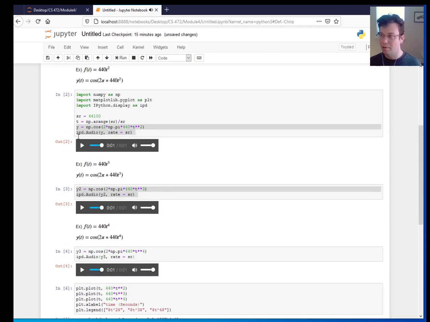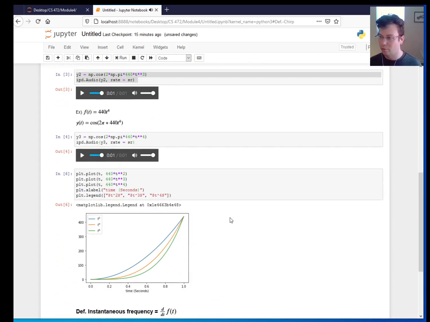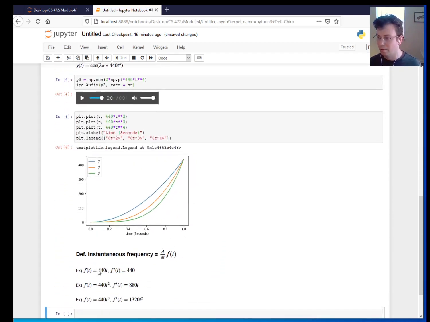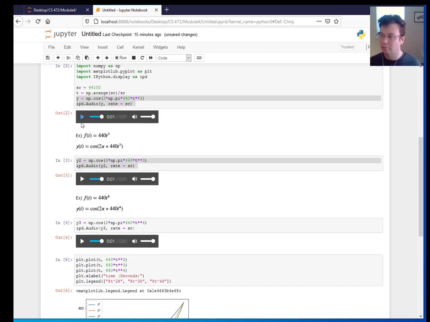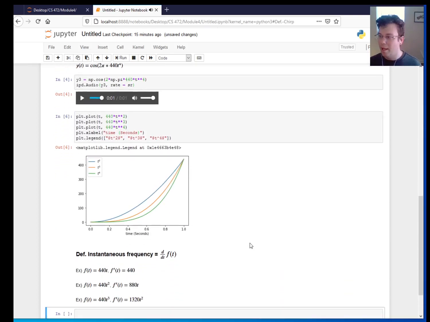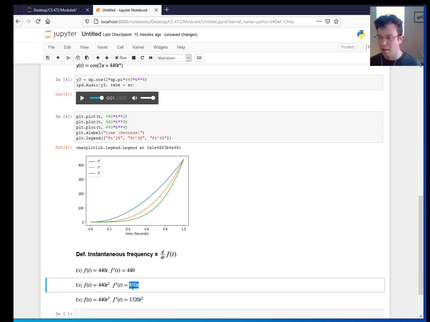So first of all, I can hear it starts off at kind of low, but it ends up, it should start off at 0 actually, because 440 times 0 is 0. Okay, but it ends up at an octave above 440, which should make sense. So here we go. So this ends up an octave above 440.